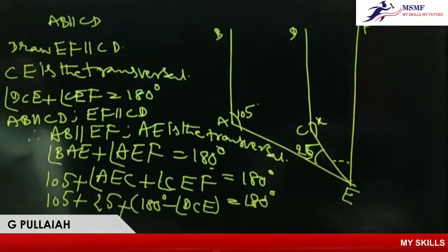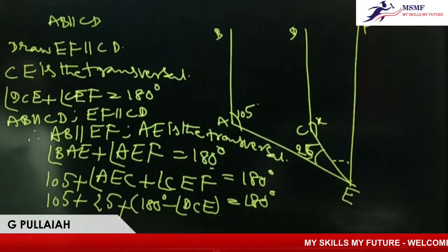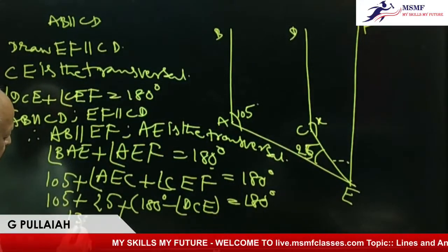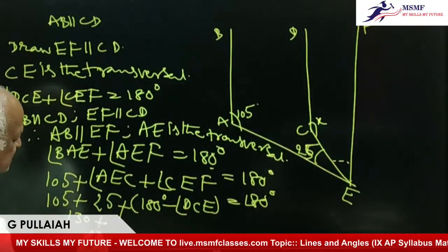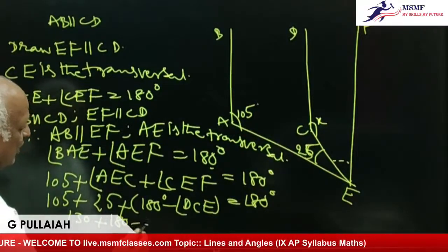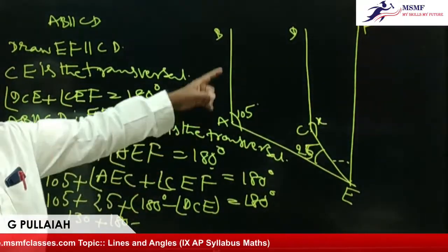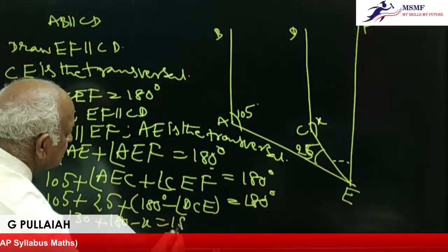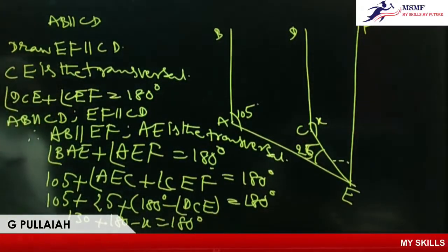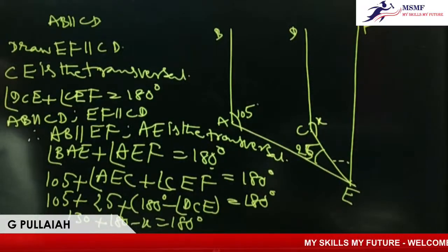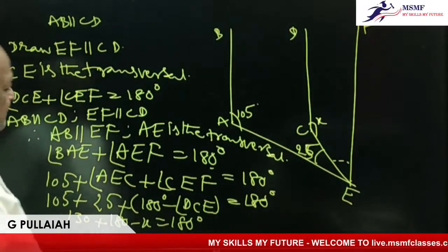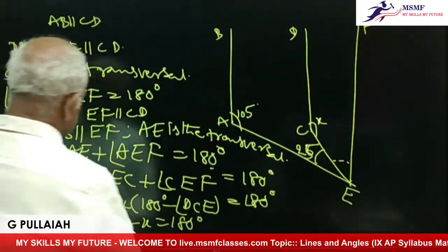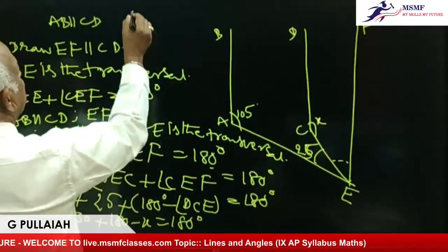So this is 105 plus 25, 130, plus 180 minus x degrees is equal to 180. So now here we're solving.